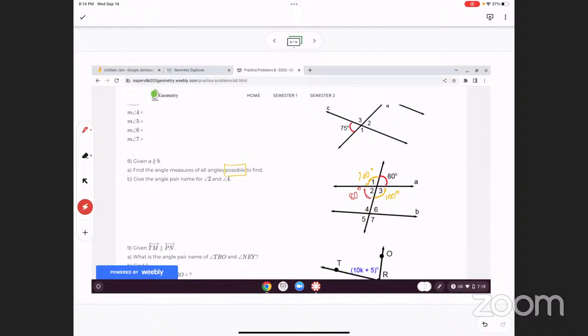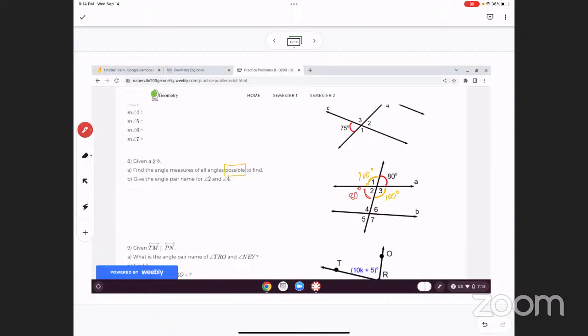What would 2 and 4 be called? It's not corresponding, is it? No, they're not corresponding. Oh, what's it called? Are they vertical?